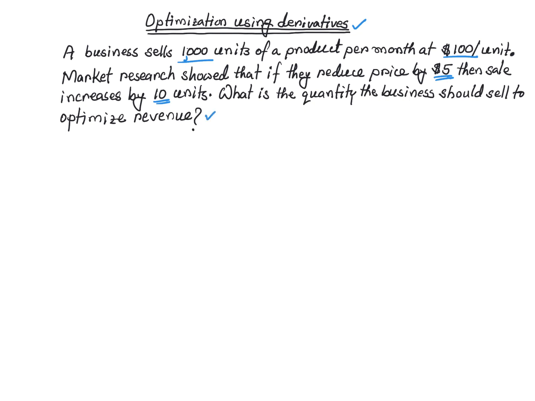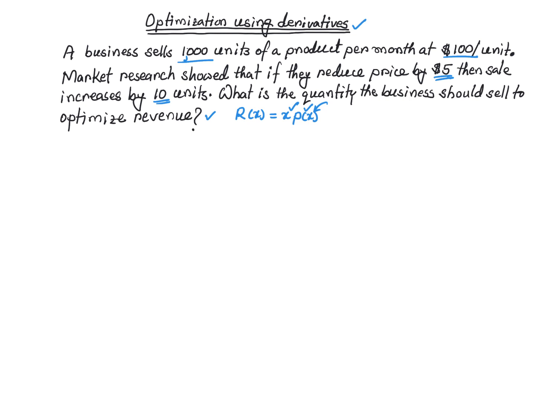That means they want to maximize their revenue. Now, let me remind you of the revenue function. R of x is equal to x times P of x. X is the number of units that you sell, and P of x is the price per unit at x, meaning that it is a variable that is dependent on how many units you sell.